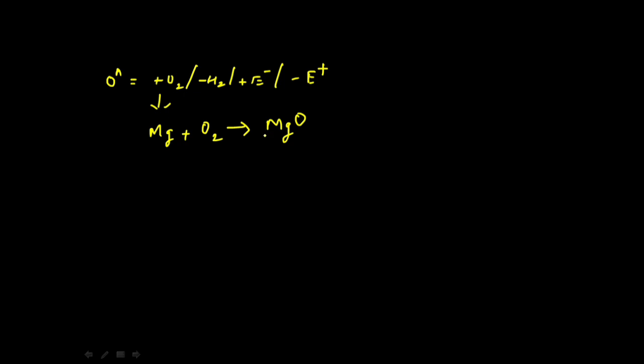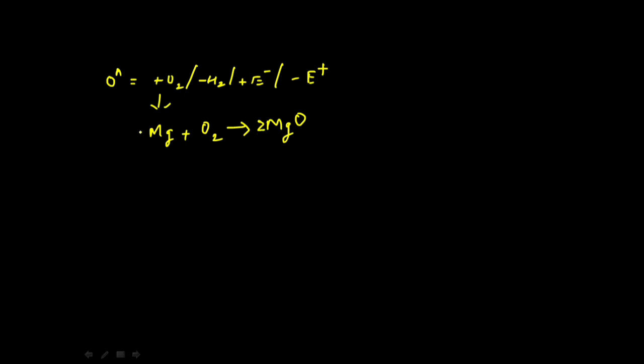Once again I will write the definition of oxidation. Oxidation is nothing but addition of oxygen or removal of hydrogen or addition of electronegative element or removal of electropositive element. We will justify these definitions by taking some examples. First let us consider addition of oxygen. Take an example, magnesium treated with oxygen to give magnesium oxide.